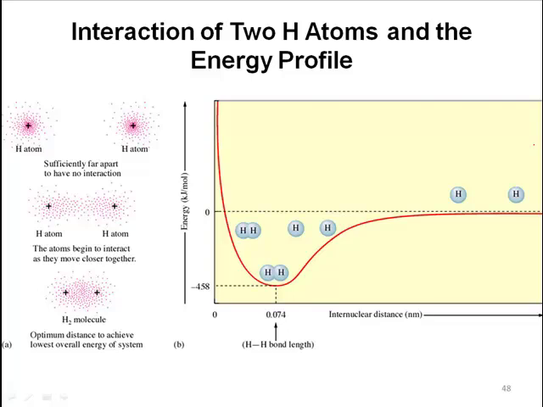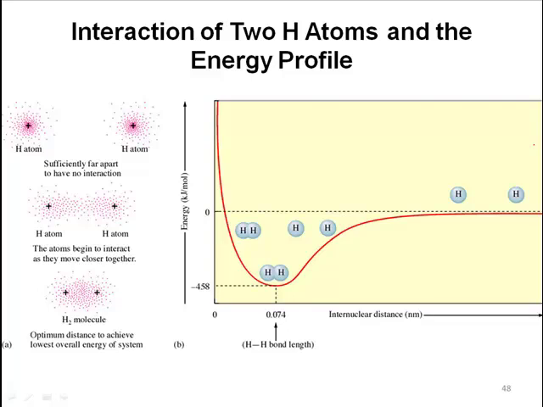When hydrogens are coming together, if hydrogens are very far apart, they start here, they come closer and closer together. If they're exactly 0.074 nanometers away, this is where a hydrogen-hydrogen will bond together. If you try to push the hydrogens too close together, the positive protons are going to repel each other. So you try to push it this way, it repels until it gets right here to this state.